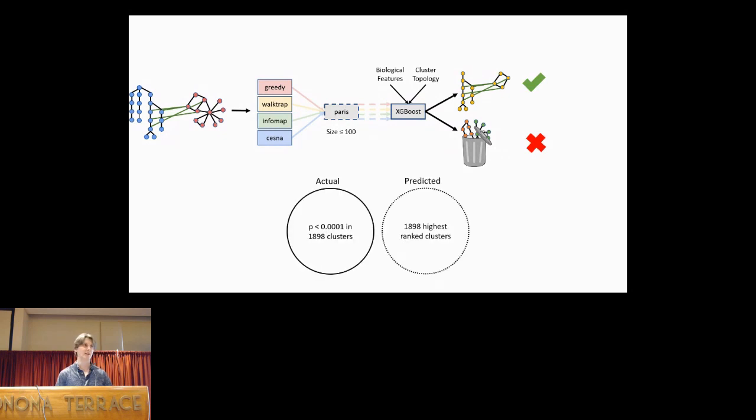So in actuality, in our 2019 data, there are 1,898 clusters that have a p-value based on our snowball sampling null model less than 0.0001. That is to say that the actual observed cluster has more rediscoveries than all 10,000 of the simulations we performed.